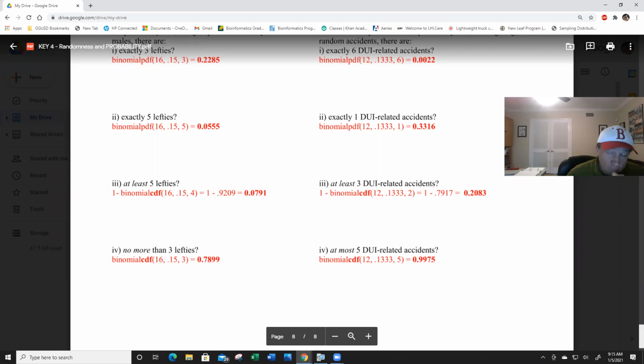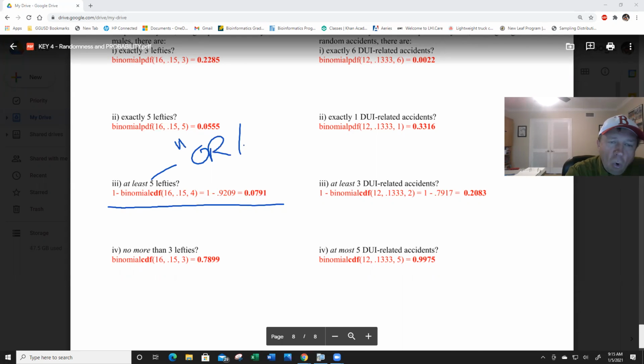That's a pain. There is a function on your calculator that does this. It's the Cdf button, which stands for Cumulative Distribution Function, but it's basically nicknamed the or less button.